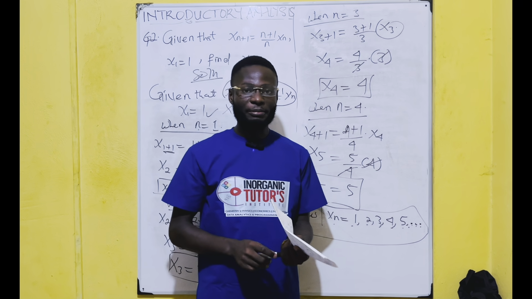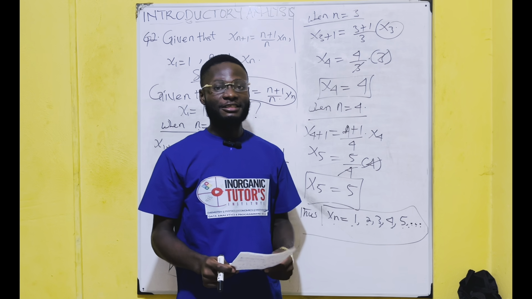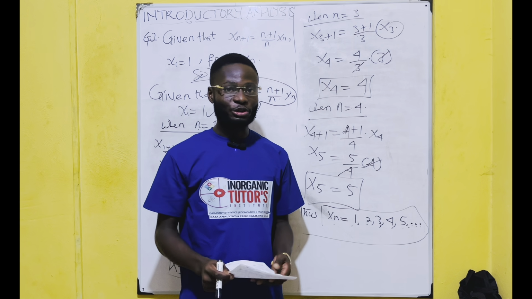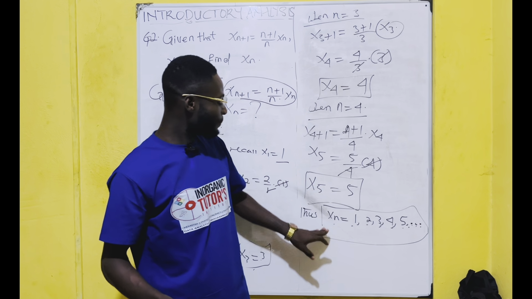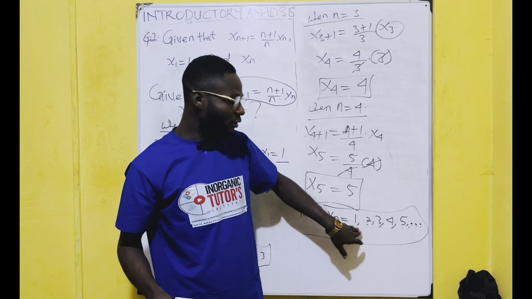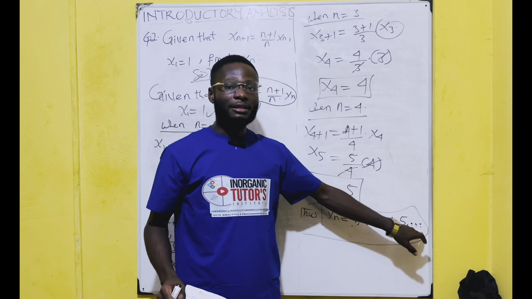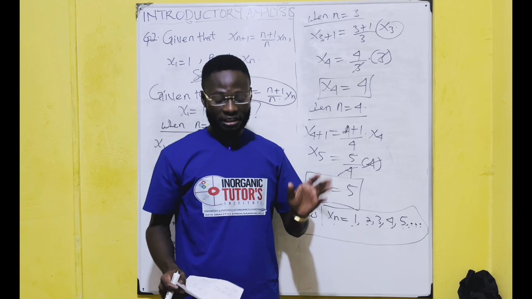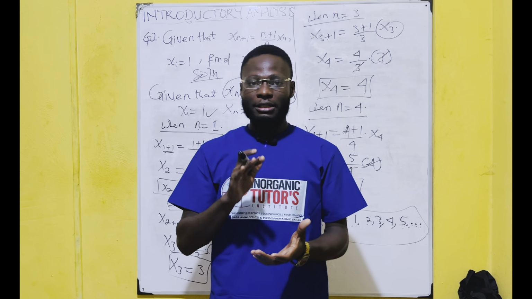If it is a computer, maybe it can go until it's tired, then it will stop there. But let's stop at S5. So Sn is equal to 1, 2, 3, 4, 5, up to infinity. So that is question number 2.